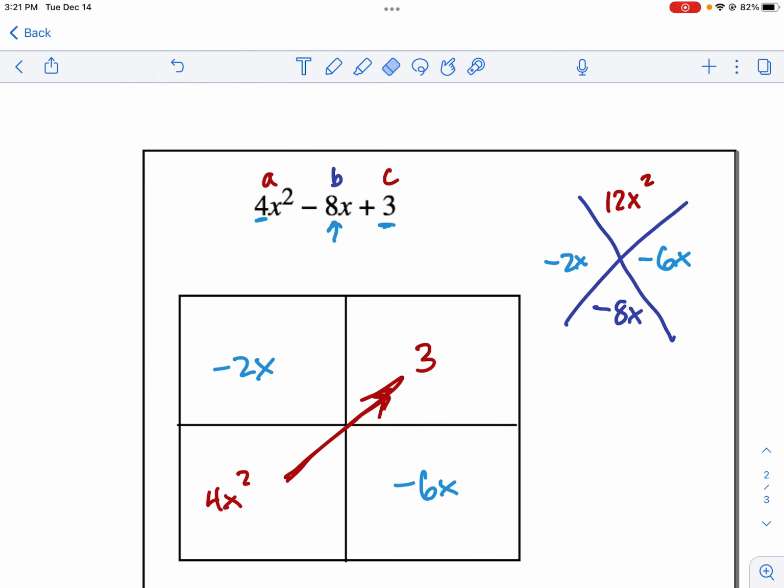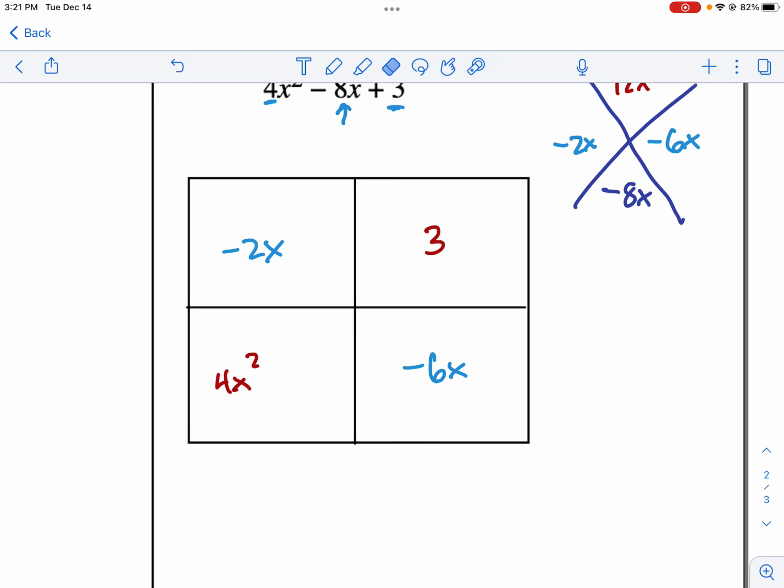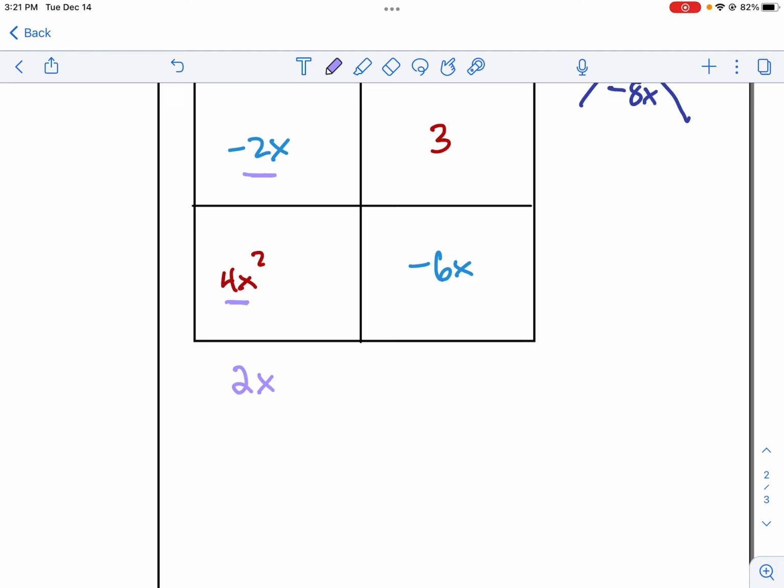And now we solve this cool little puzzle using lengths and widths. If I notice here, I've got a negative 2x and a 4x. Let's make this guy a 2x here. So these two lengths are 2x.